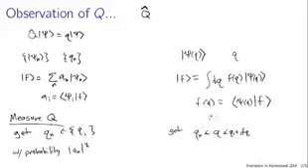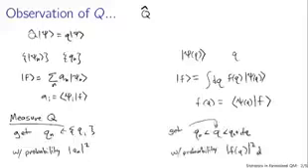If the value that I get falls in that range, then you'll get it with probability given by the magnitude of f of q squared multiplied by dq.